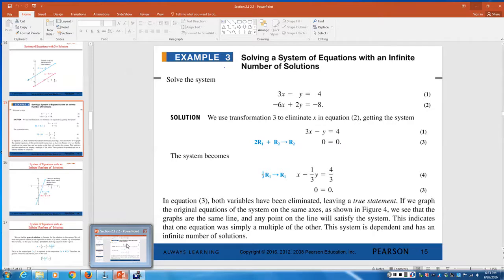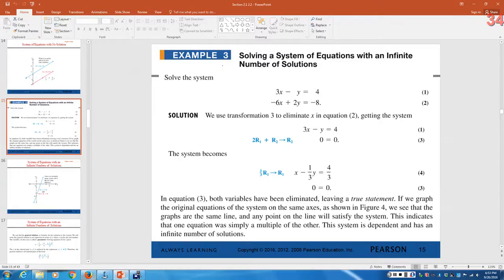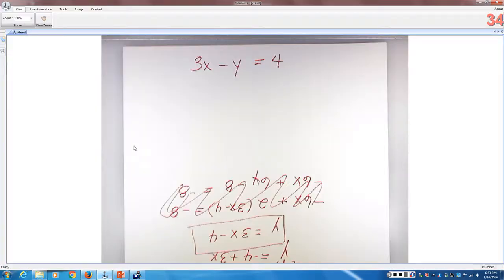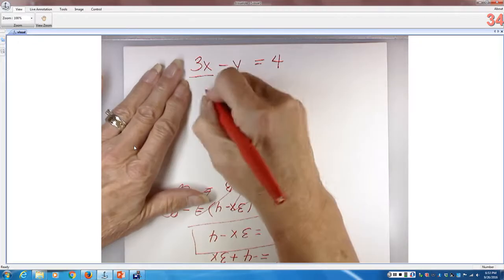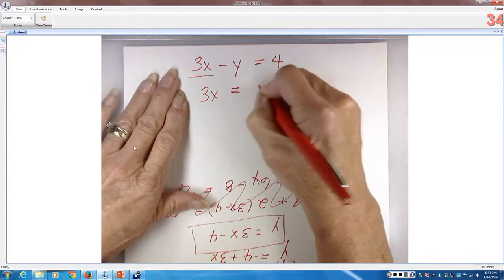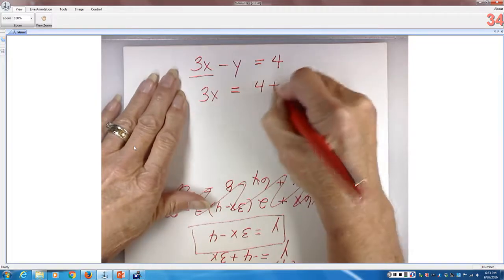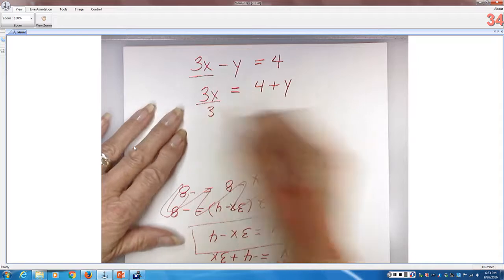No. I was trying to come out with an equation that shows you how you can have one of the variables and have a formula for the way that the solutions will always look. Okay, here we go. Let's try solving for x. That means that I will add y to both sides, and then divide both sides by 3.